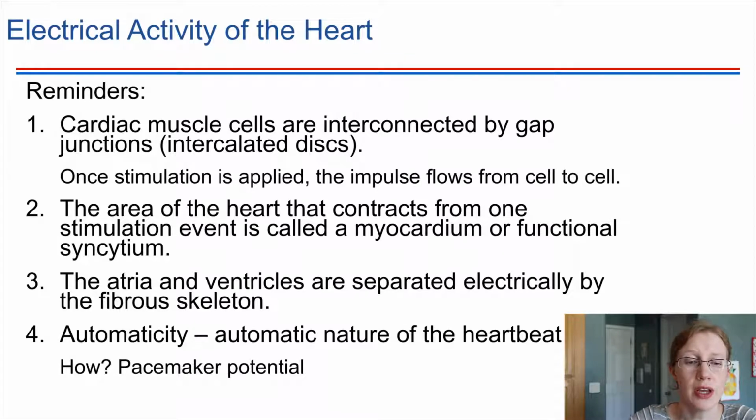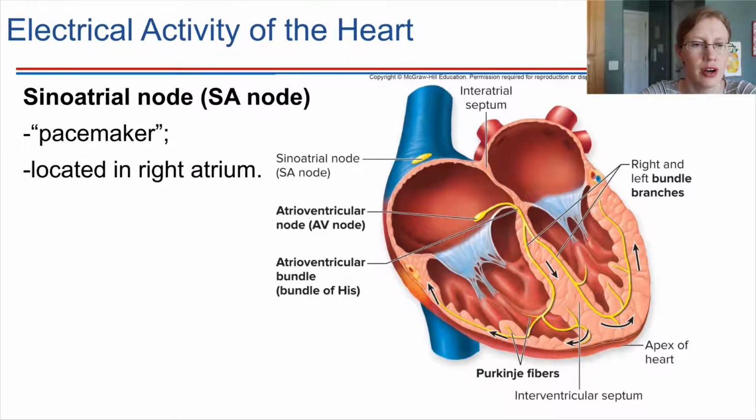So let's look at those pacemaker cells of the heart. On the top of the right atrium, there is a collection of cells, right here. This is called the SA node, the sinoatrial node. The sinoatrial node is the natural pacemaker section of the heart.